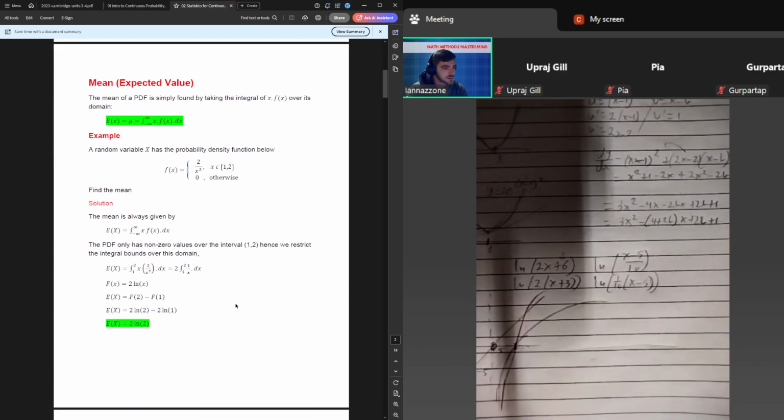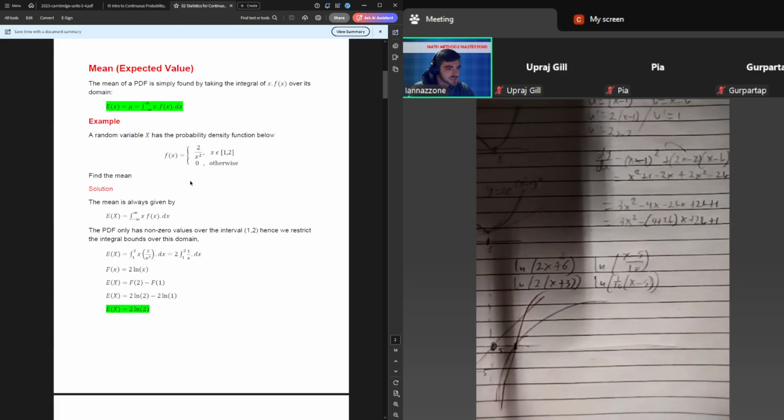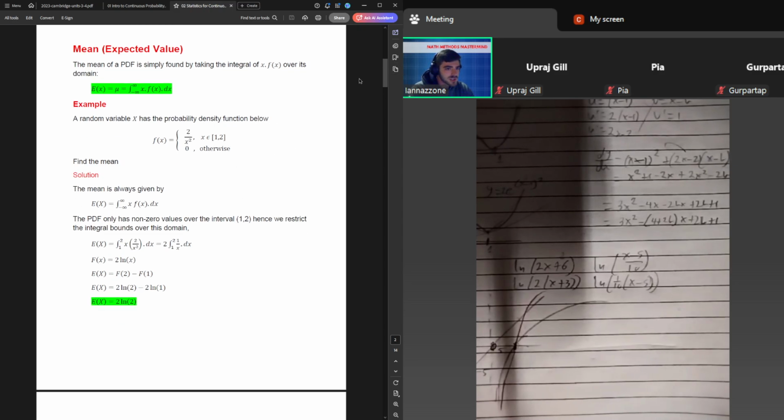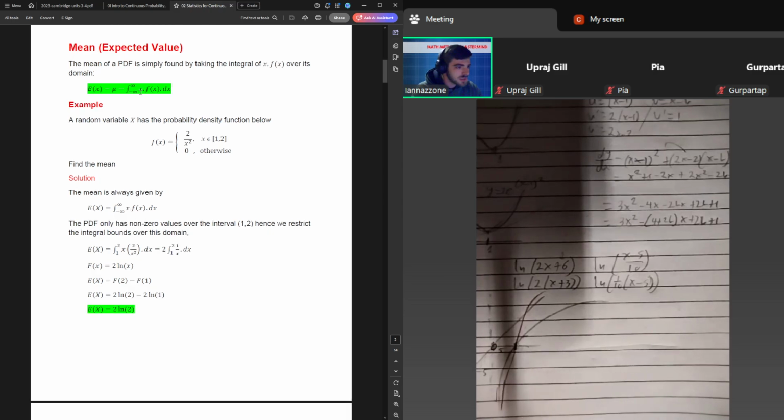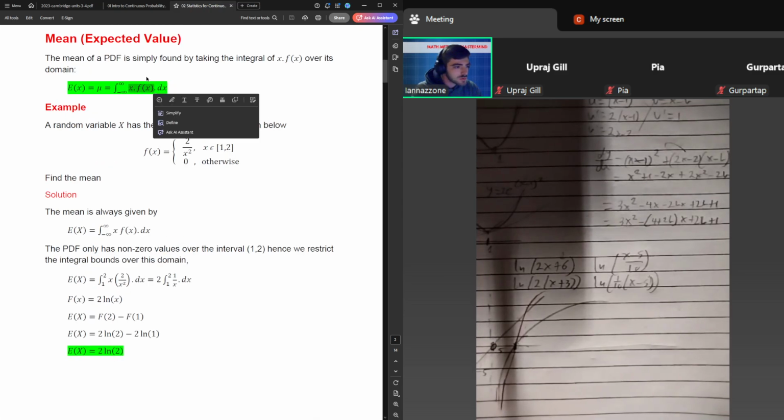Okay. So statistics are going to be kind of similar to what you might already be familiar with, although there will be at least, I think, 2 new statistics that come up with continuous probability. But first we have the mean. The mean will look kind of similar to at least a binomial, where you have just x f of x.